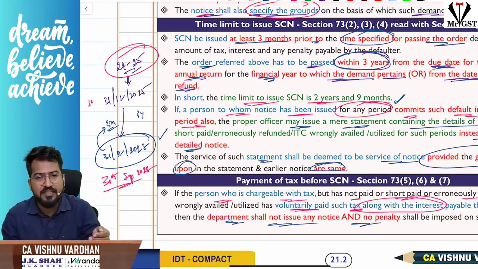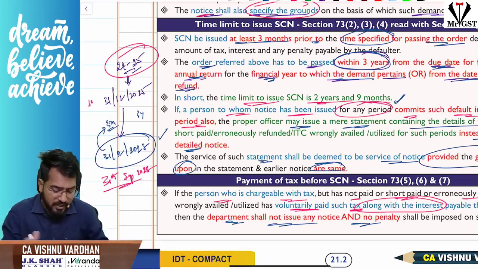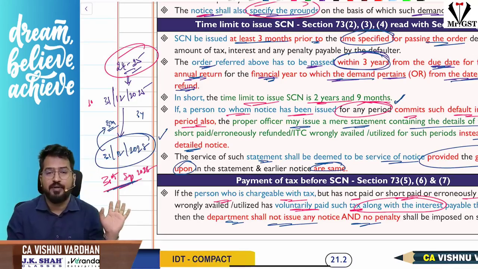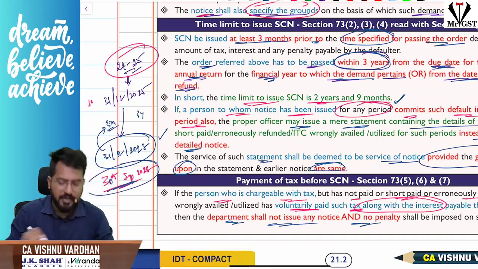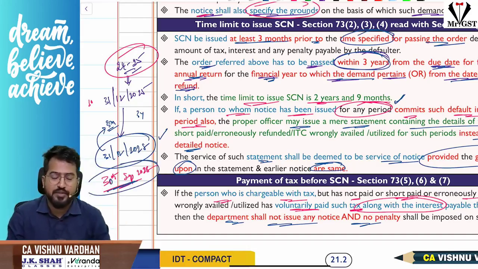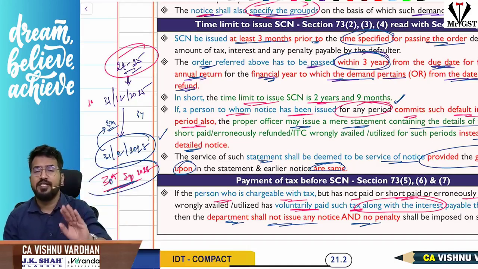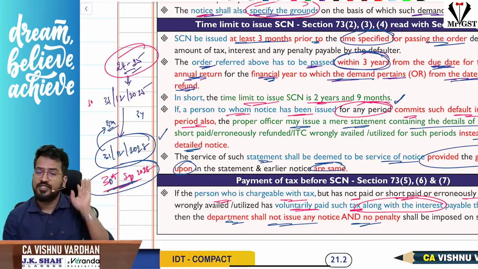For passing the order, first you should give a show cause notice, correct? The show cause notice should be given at least 3 months before completion of this time limit. That means by 30th September 2028, they should have given the show cause notice. I repeat, an order under section 73 should be given within 3 years from the due date of filing the annual return of the financial year to which the order pertains.